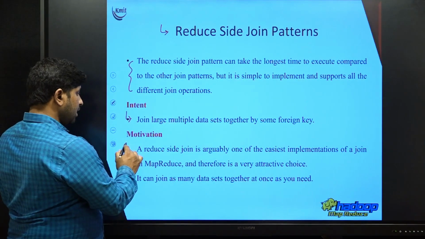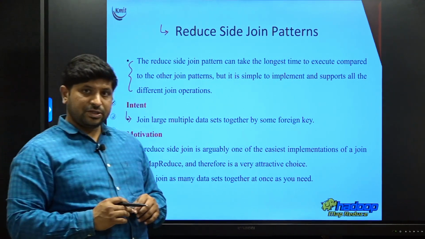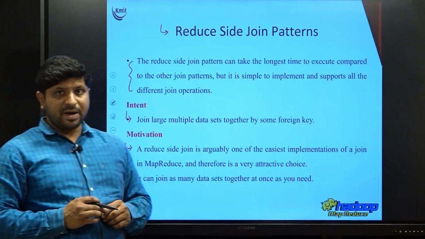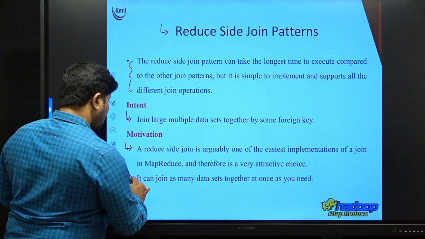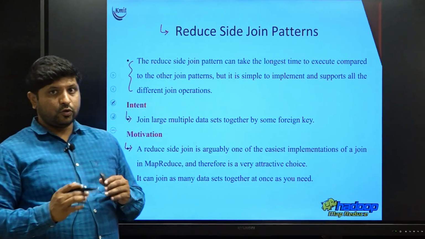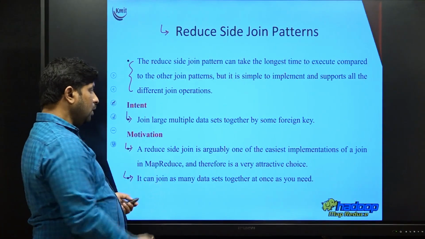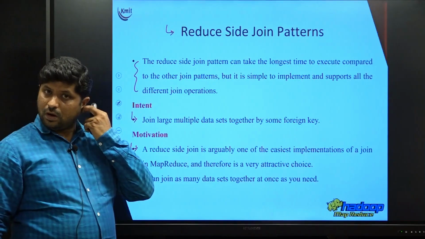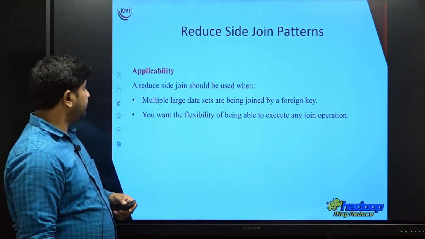First, it is the easiest implementation among design patterns to implement joins, and it works on data sets which are large and complex and which you want to make as one using joins. These are the two motivations where we can go with the reduce side join.